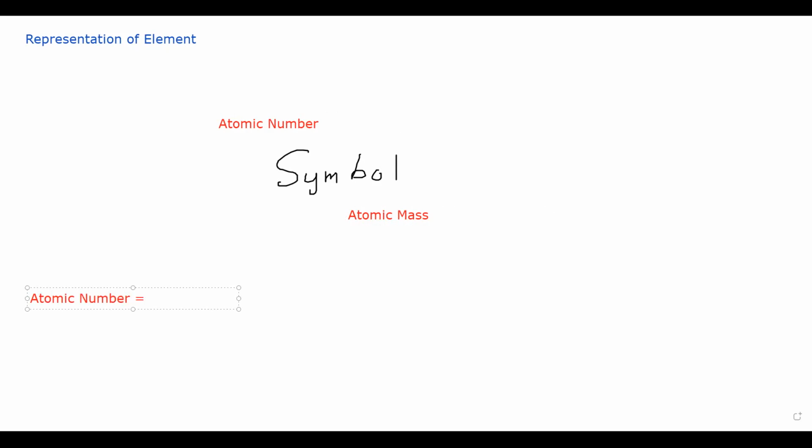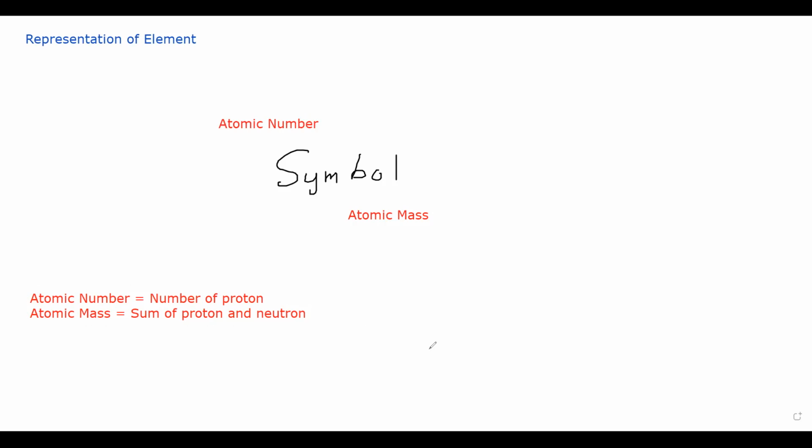Atomic number is equal to the number of protons. And mass number or atomic mass is equal to the sum of protons and neutrons. When we add the number of protons and neutrons, that is known as the atomic mass.